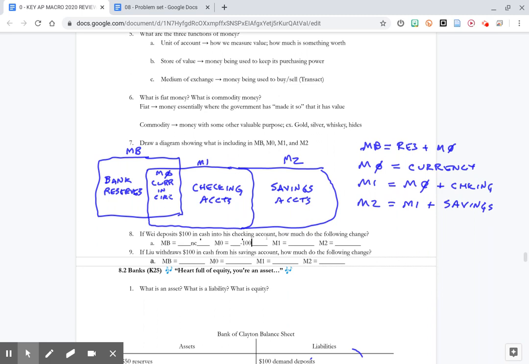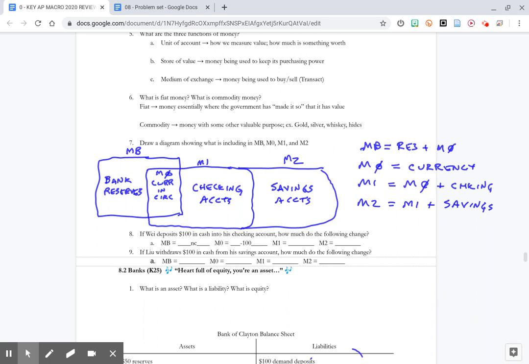That's because the money from the currency is no longer in that part of the box. It's actually over in bank reserves. Now, M1 is where things get a little wonky. The money not only went into bank reserves, but because he deposited it into his checking account, it gets added to the M1 side.